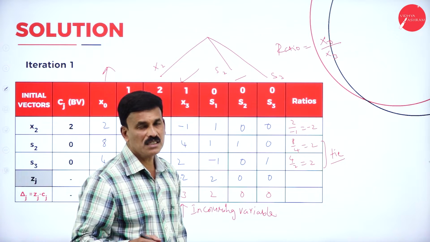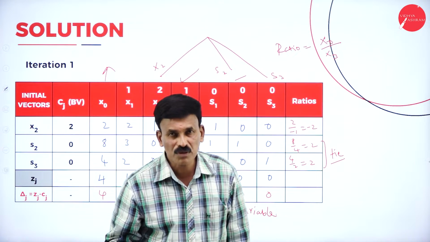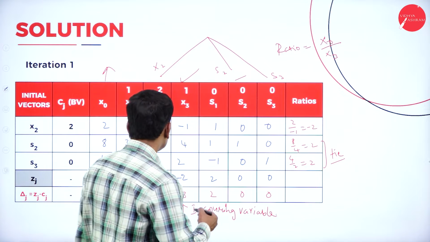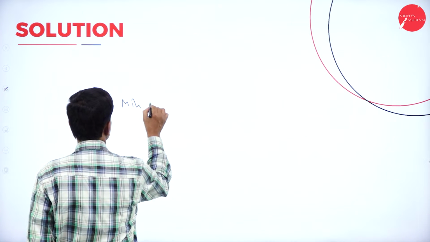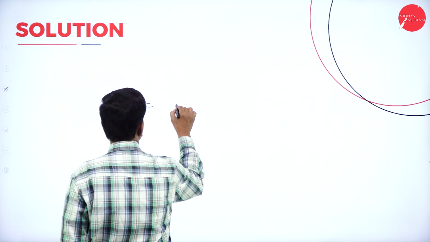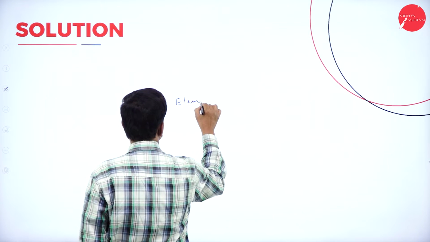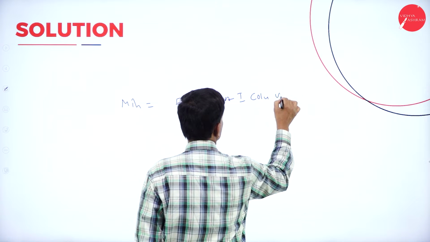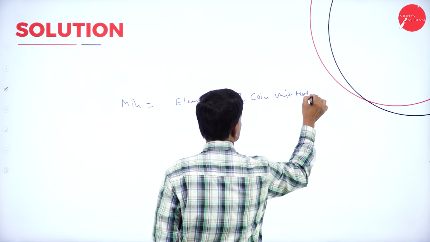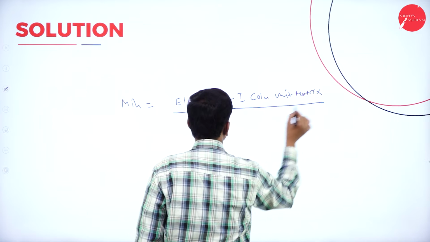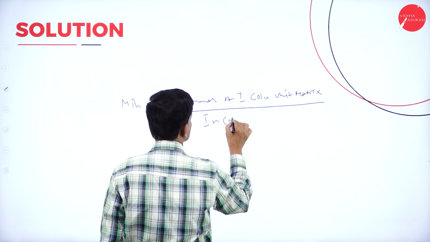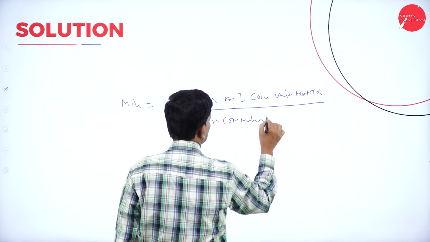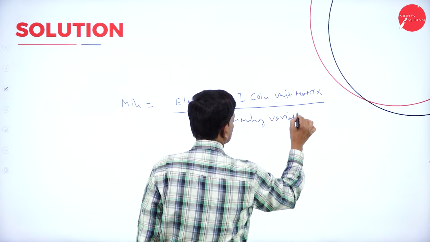If there is a tie, we have to go for the minimum value. So the minimum value is determined by the elements of the first column of the unit matrix divided by the corresponding incoming variables.